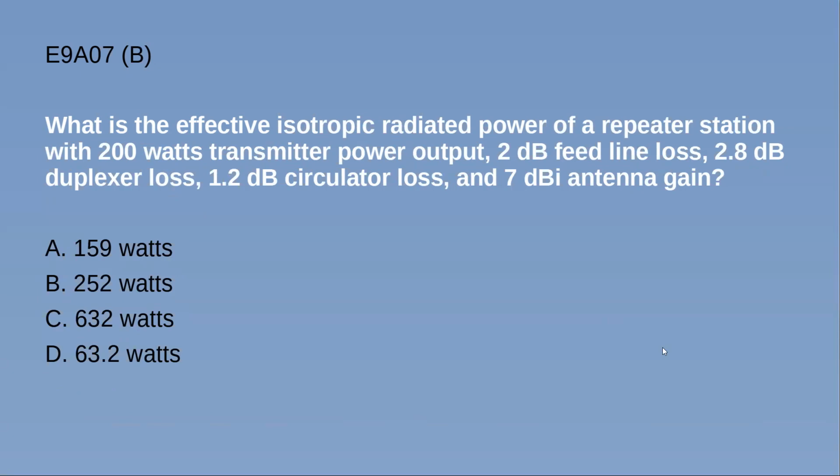What's the effective isotropic radiated power of a repeater with 200 watts, 2 dB feed line loss, 2.8 dB duplexer loss, and 1.2 dB circulator loss with a 7 dBi antenna gain? About the same thing. Well, remember your gain's not as high. It's 2.15 dB more than the other one. Isotropic. That's kind of a tricky one.